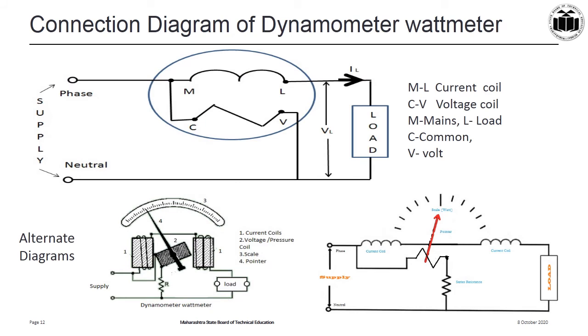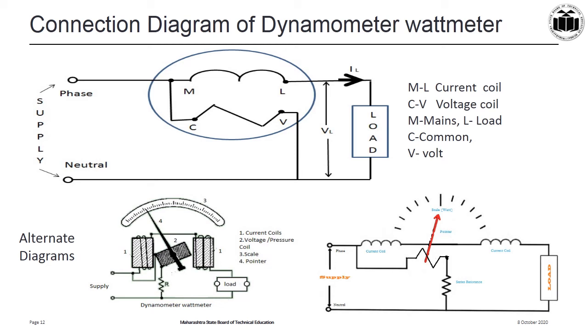In the next slide, a connection diagram for the dynamometer wattmeter is shown. As already mentioned, the current coil is represented by two semicircles and named as ML, which is connected in series with the load. The pressure coil or voltage coil named as CV is connected across the load.